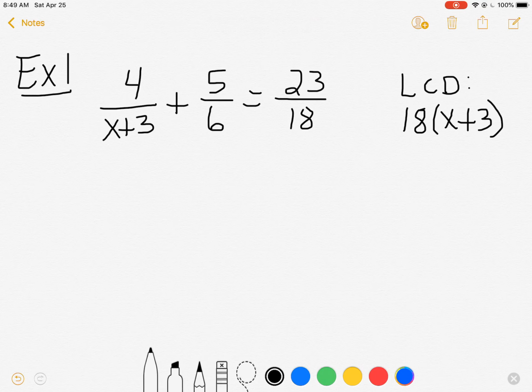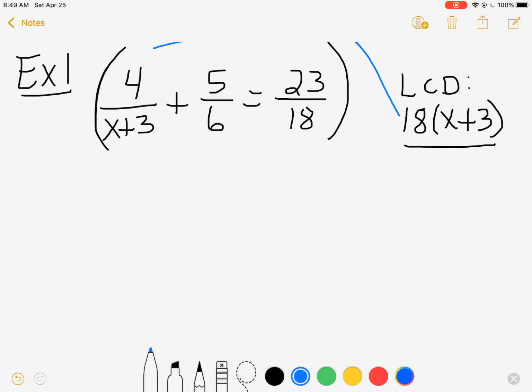So in clearing it of fractions, I'm going to multiply this by the LCD. All right, let's look at that. So when I multiply the first fraction by 18 times x plus 3, the x plus 3's cancel and I get 4 times 18.